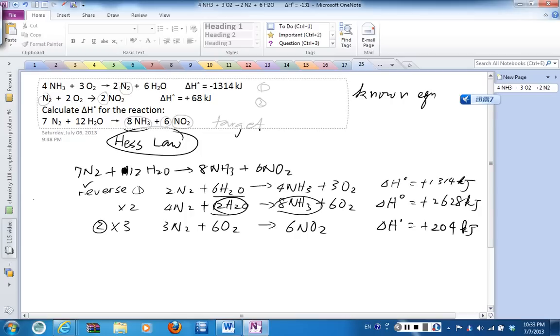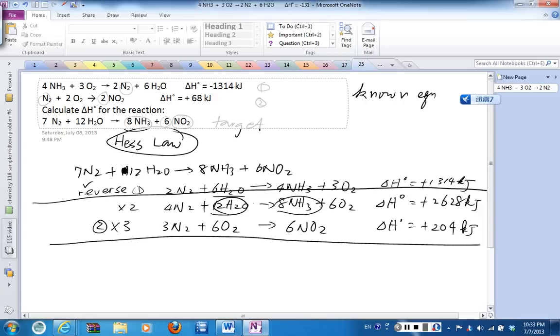Now, we manipulated both of our 2 known equations, and we looked at all our target equation components. And let's see if things are going to take care of themselves for us here. We're going to add these 2 equations up. So 4 nitrogen, 3 nitrogen, 7 nitrogen. Oh, good. We want 7 nitrogen. 12 water.